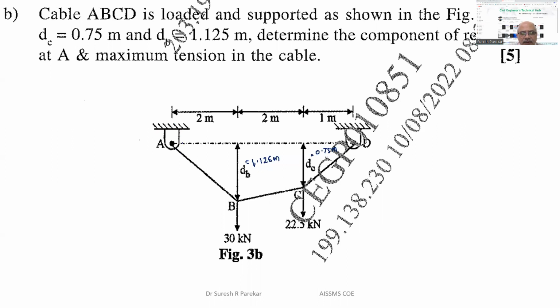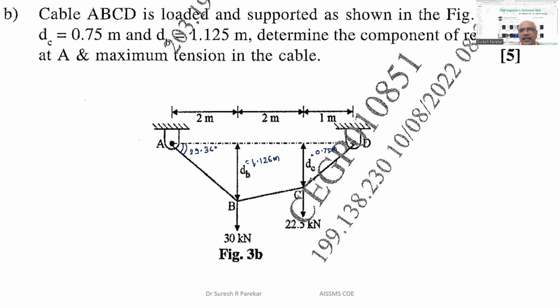So first we will find the angle at A. We have tan inverse of 1.125 divided by 2, which is 29.36 degrees.